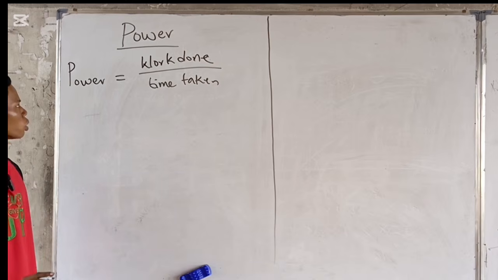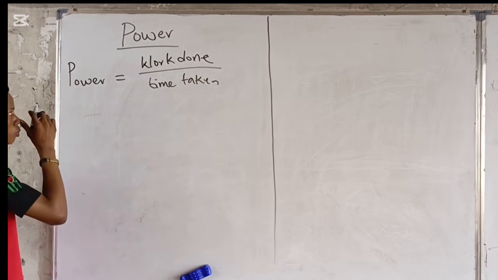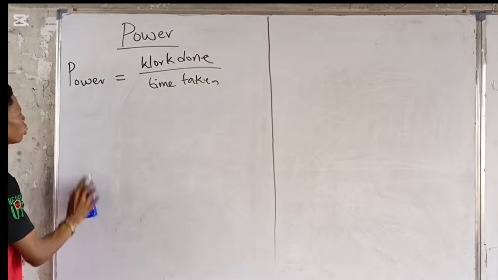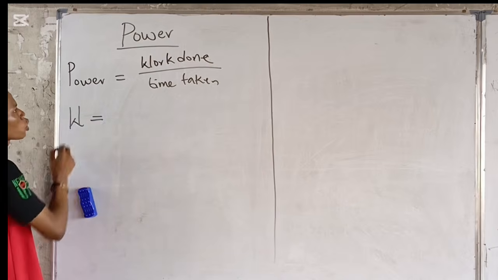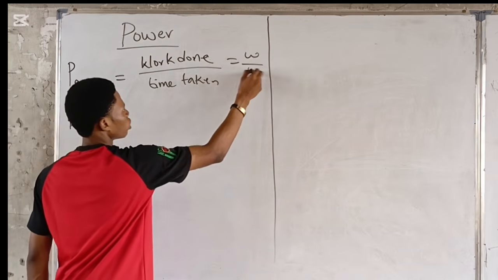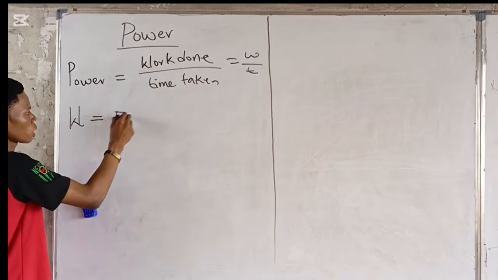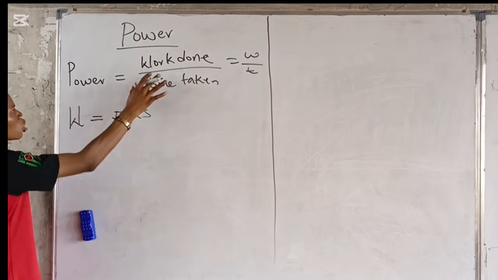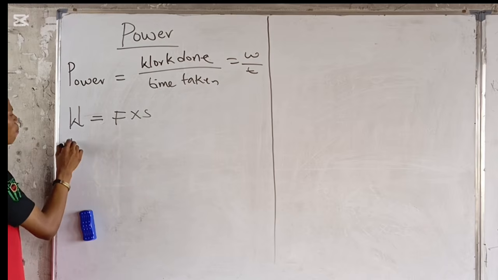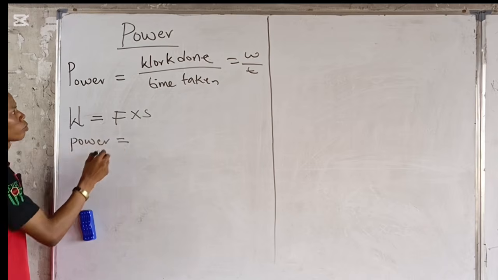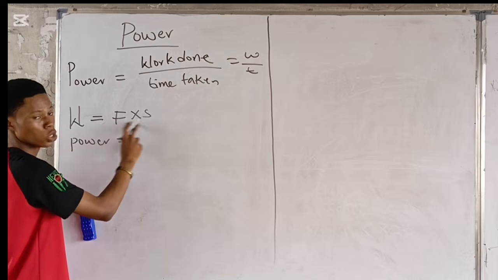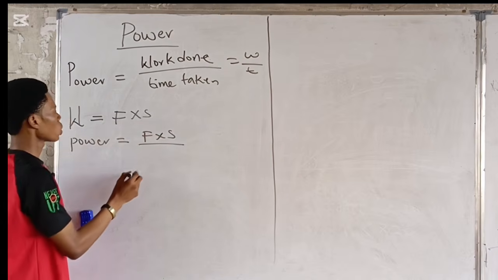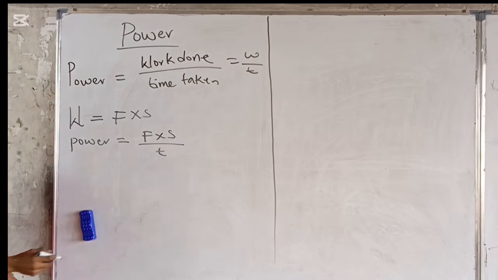Now, we already know that work done is force times distance. So if we bring this into this formula, I'll be using F times S to represent the work done. So power is F times S all over T.